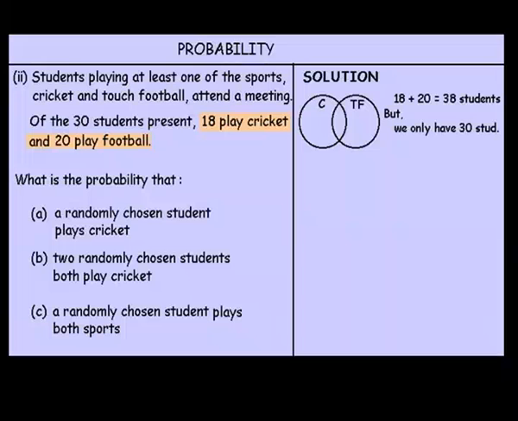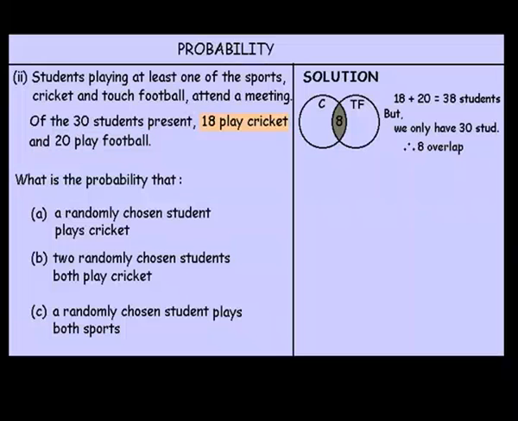But we only have 30 students. So we're trying to fit 38 students into 30. That means there are therefore 8 overlap. So in that overlapping section there are 8 students. In other words, 8 students both play cricket and touch football. So that's what that means.